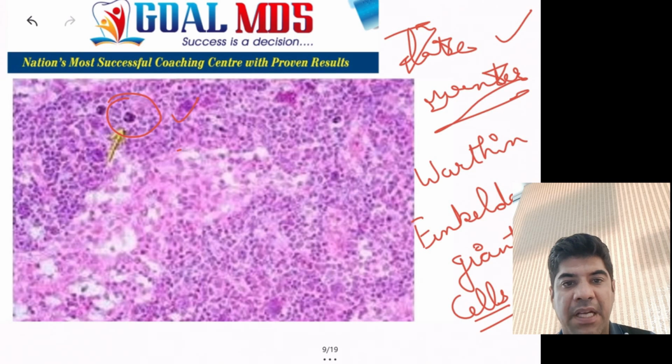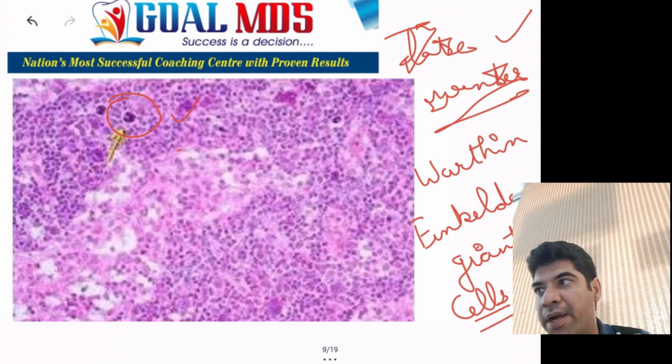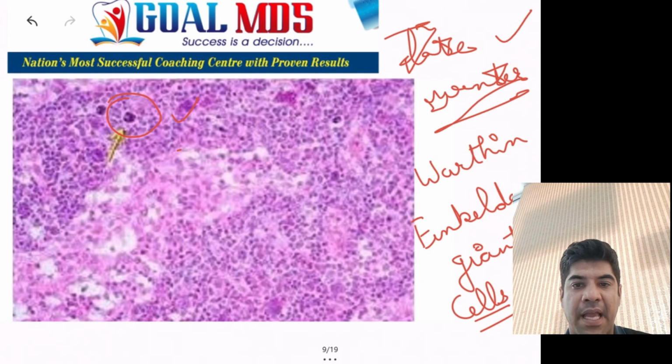The hyperplastic lymphoid tissue that contains numerous multinucleated giant lymphocytes are known as Warthin-Finkeldey giant cells. Initially they were thought to be specific for measles. Remember, from your exam point of view, similar cells have been seen in Kimura disease and lupus erythematosus.